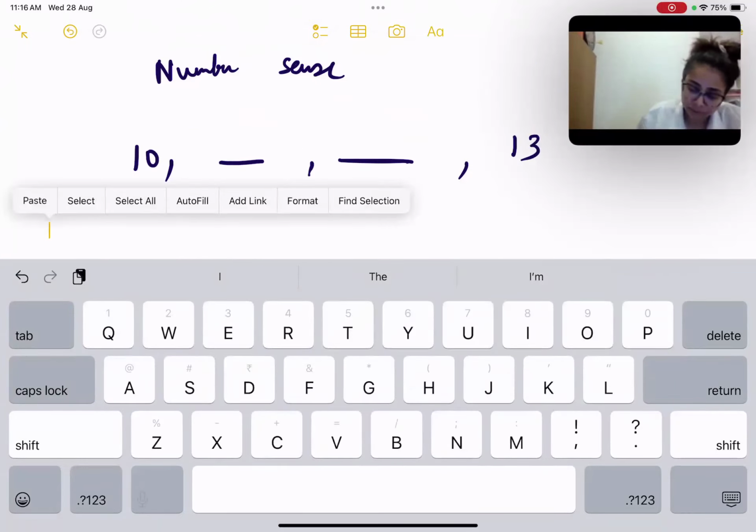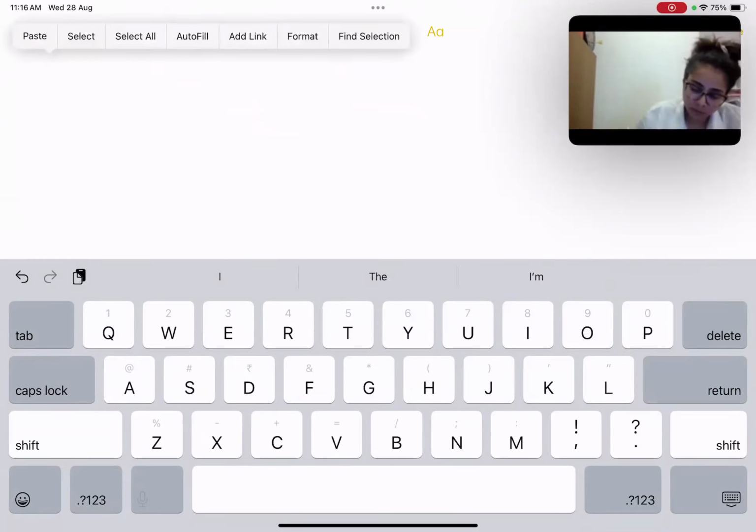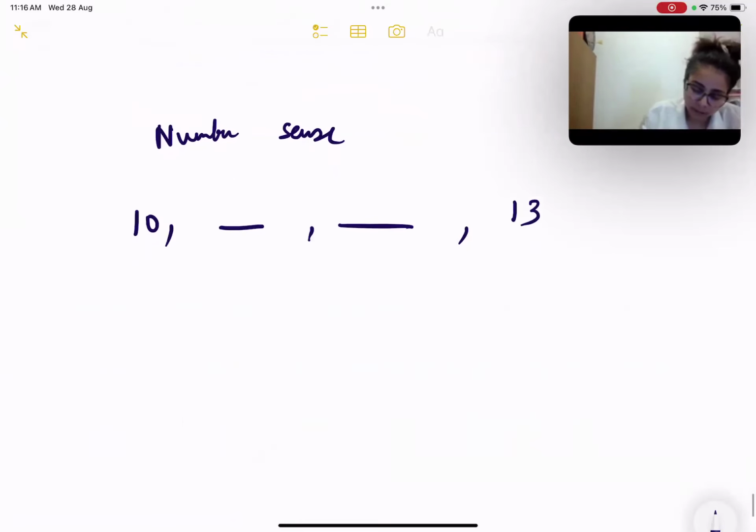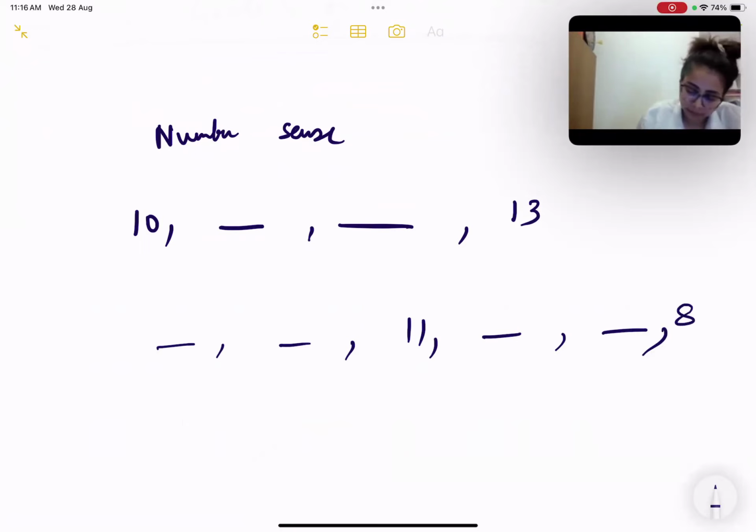Okay, now next, what I can do is I can write stuff like this and say this. Now, this is a critical thinking question. Now, do you think a child can do it or not? I'm not sure. You have to give this question and test their critical thinking ability.